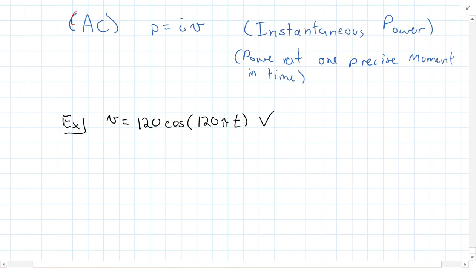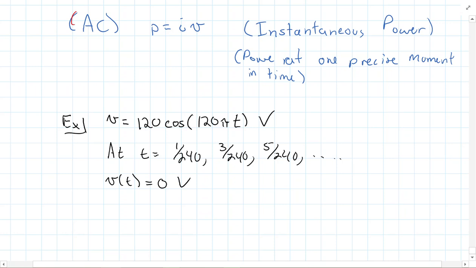If you think about the period and when cosine functions are 0, because they're 0 at pi over 2, 3 pi over 2, etc., we can see that at t equals 1 over 240, 3 over 240, 5 over 240, and so on, v at t is equal to 0 volts.